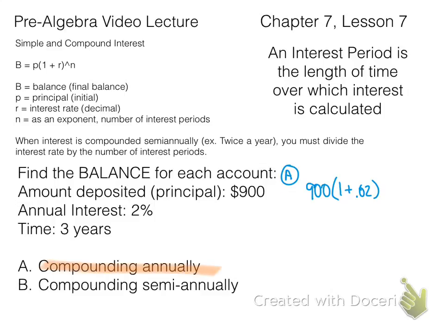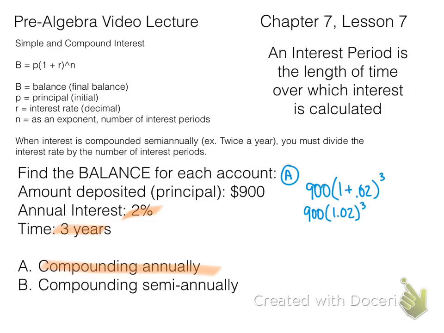So we're going to take the $900, we're going to multiply it by 1 plus the rate. Well, the interest rate is 2%, which is 0.02, so it's going to be 1 plus 0.02 to the 3 years, because that's how many interest periods we have, okay?